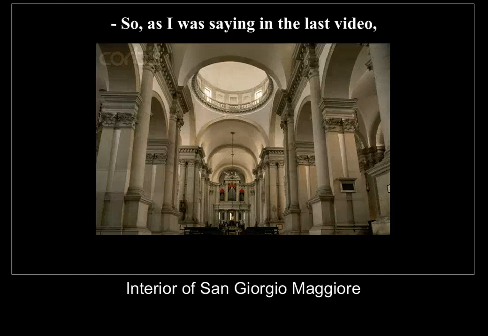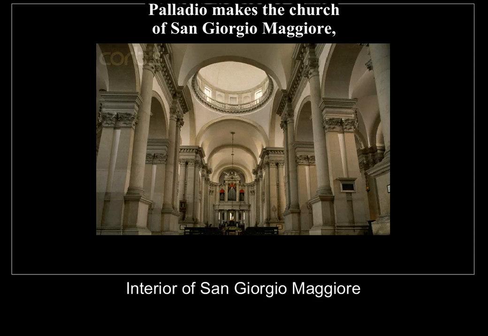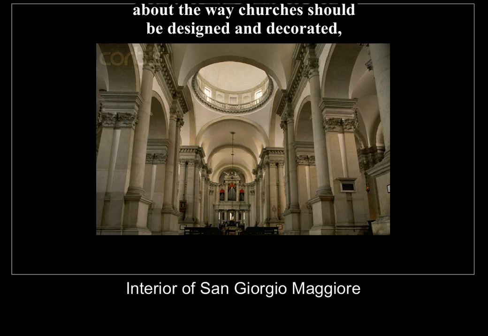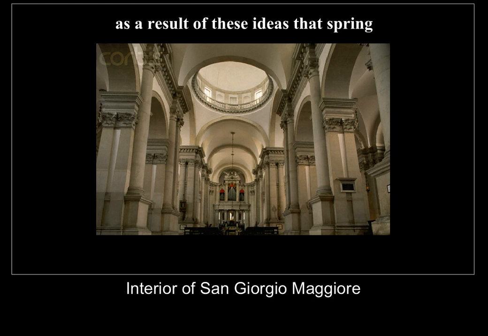So, as I was saying in the last video, Palladio makes the Church of San Giorgio Maggiore, keeping in mind some of the new ideas about the way churches should be designed and decorated as a result of these ideas that spring from the Council of Trent.